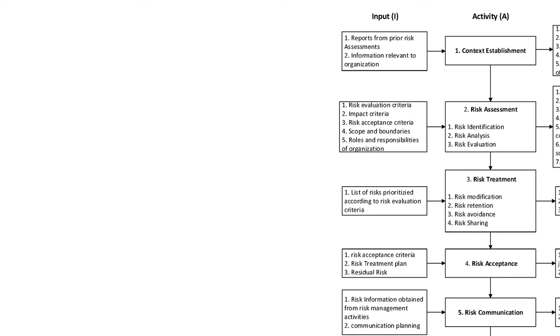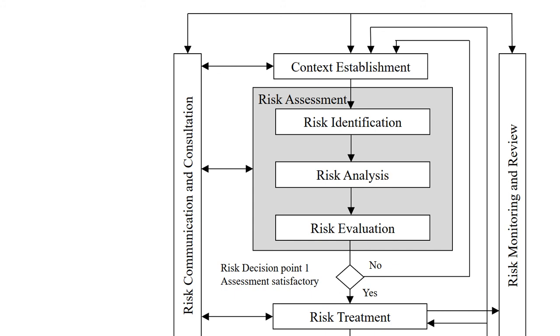Now we also have this diagram in front of us, and as I told you, this ISO 27005 framework consists of many phases and many arrows, but I personally feel that it's not very easy to understand what's happening in each and every phase.